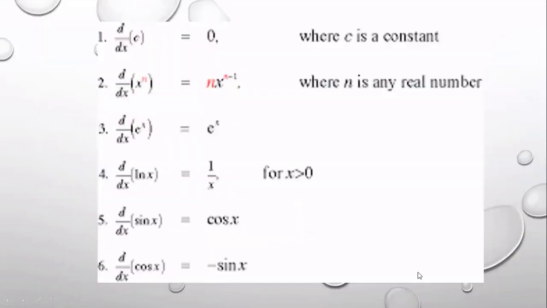So these are the notations: x to the power n gives n into x to the power n minus 1. E to the power x has a scientific explanation, but I don't want that; you will keep it in mind. E to the power x will always be e to the power x. Ln x is surely 1 upon x, right? Sin x gives cos x, and cos x gives minus sin x.